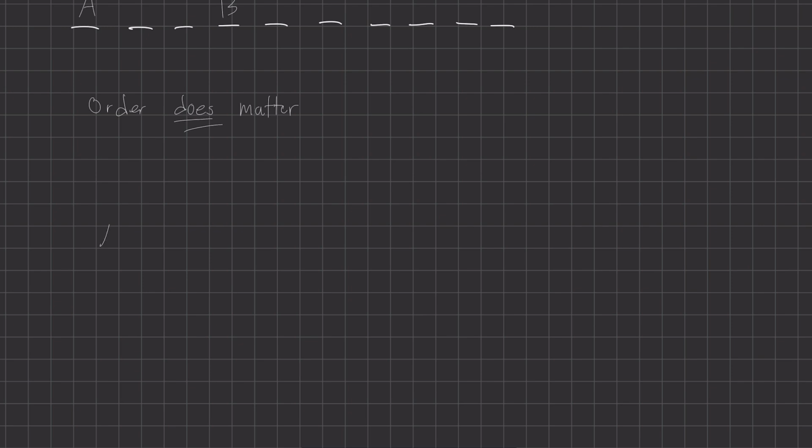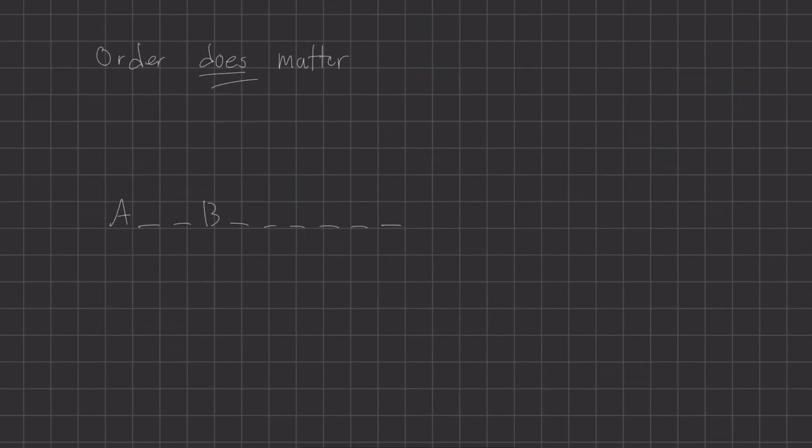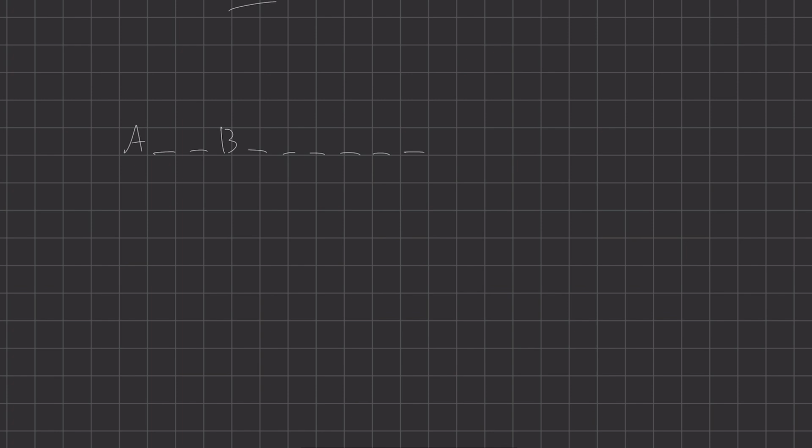So let's say we have A, and then we're gonna have 2 spots, and then we're gonna have B, and then we're gonna have 6 spots left, because there's a total of 10 spots. And then we have another case, which is gonna be B, 2 spots, and A, and we're gonna have 6 spots left. And then we can just shift them over. A, 2 spots, B, and we have 5 spots left.